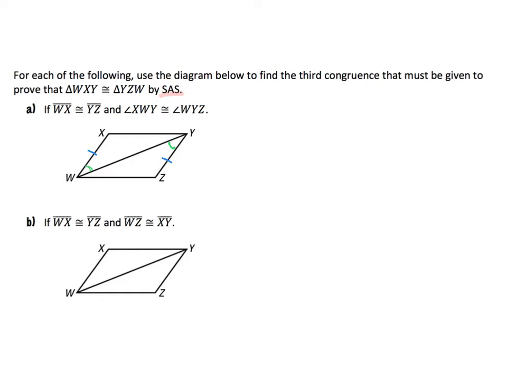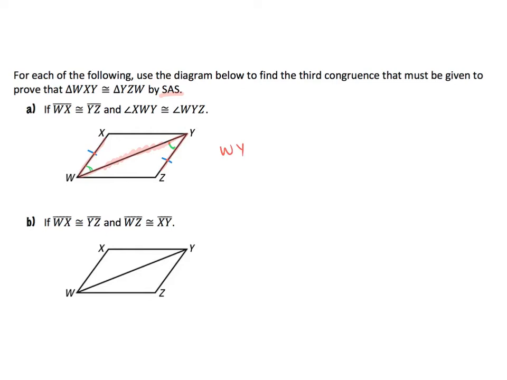So if I was just going to trace from this side and then cut around that angle, and do the same thing on this triangle, then I am missing right here, that needs to be congruent. And so the statement is that that is the same line.